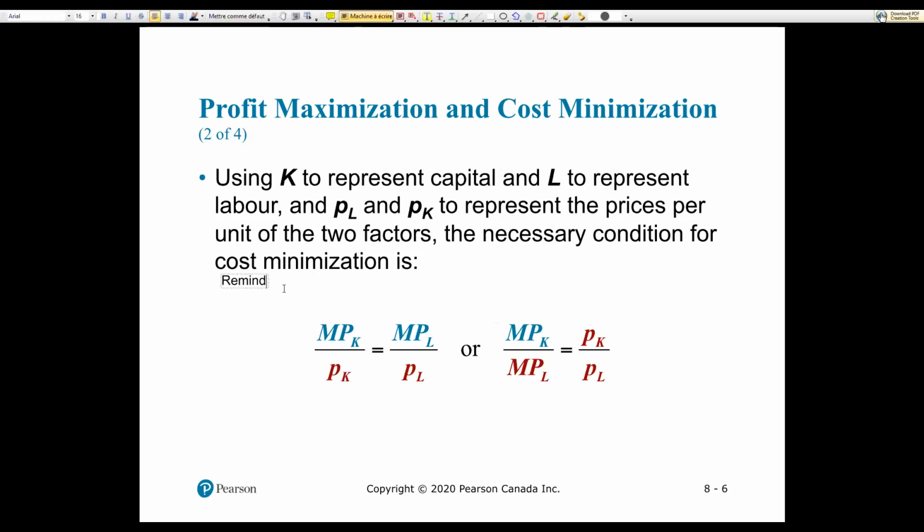So let's just write this down. Reminder for the consumer: we had that marginal utility divided by price had to be equal between different goods for utility maximization.